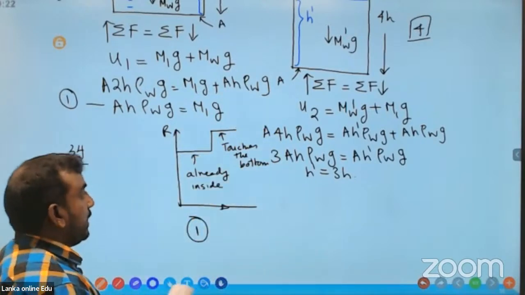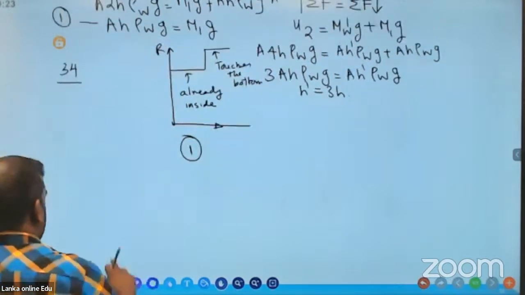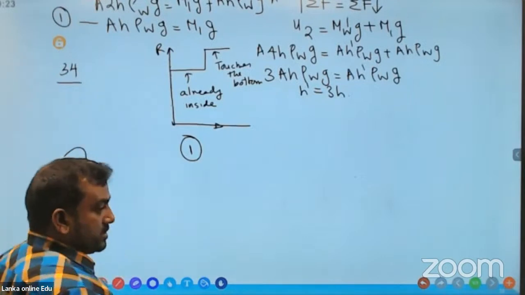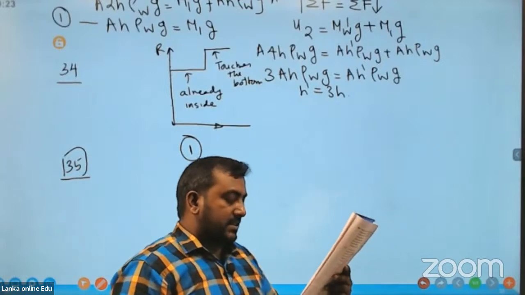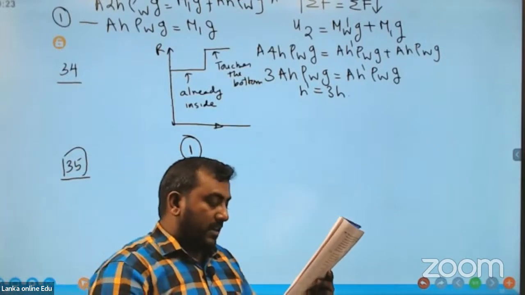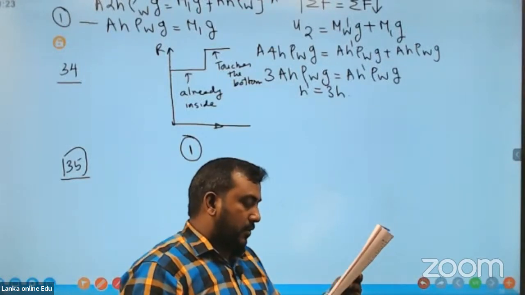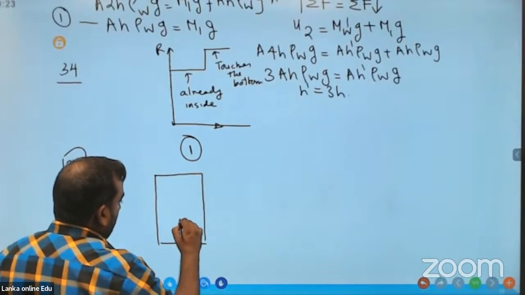Okay. Right. Question number 35. A uniform solid cylinder of weight 6 Newton is floating vertically in a liquid with part of its height, H over 4, submerged in the liquid. So weight of the object is 6 Newton.